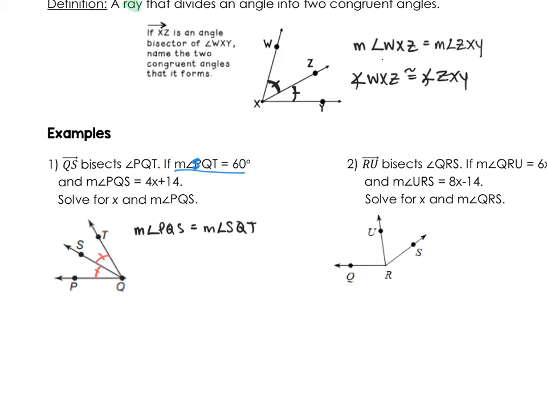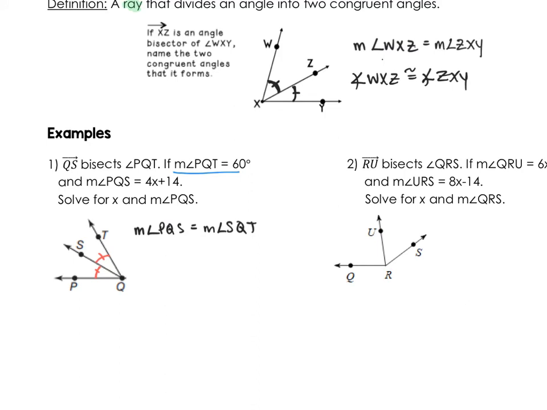Did I mean that? No, it's not a typo. I take it all back. I'm so wrong. I have to learn how to edit my recordings. Not a typo. This is real life. Angle PQT is 60 degrees. So angle PQT is this whole angle. This whole thing is 60 degrees.